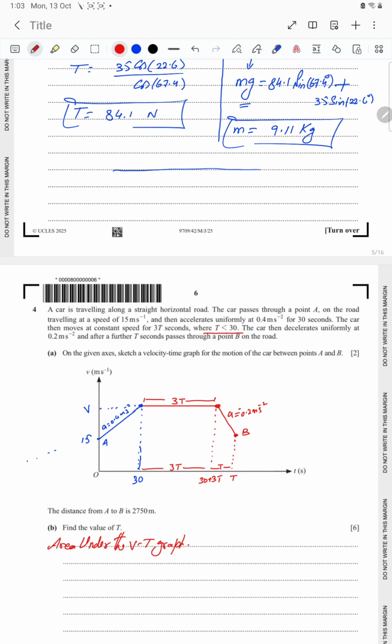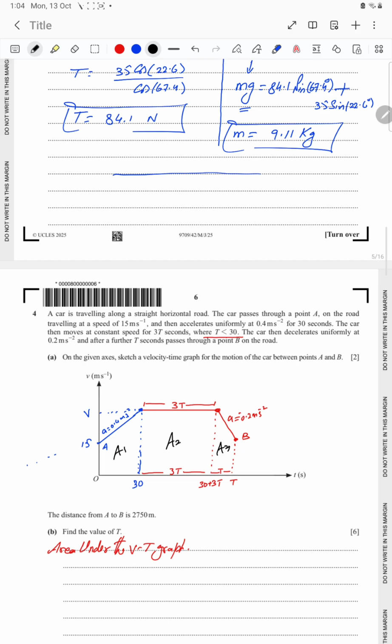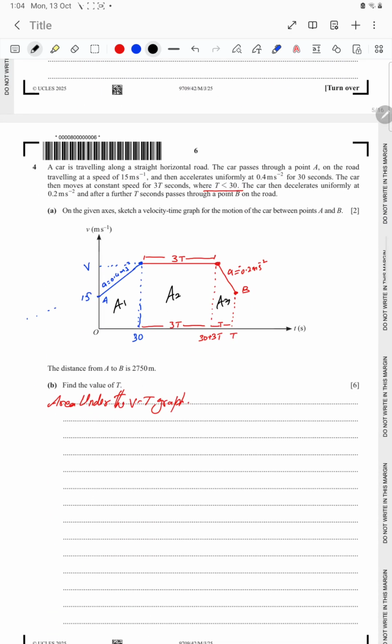If I divide the whole distance into three parts, say this is the area of trapezium A1, this is the area of rectangle A2, and again the area of trapezium A3, I need to add them all up. A1 plus A2 plus A3 should be 2750. It is given, right? So simple.